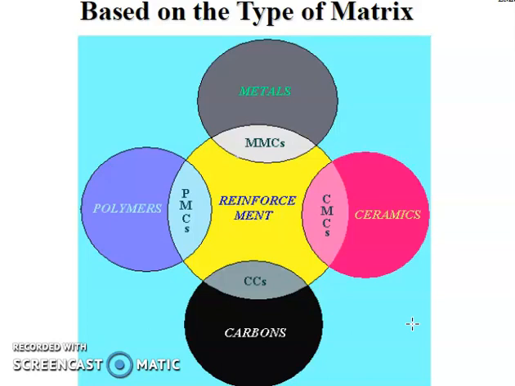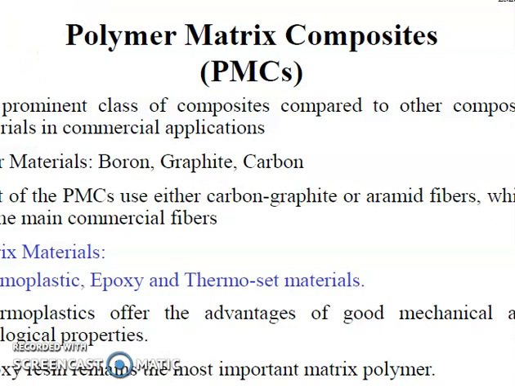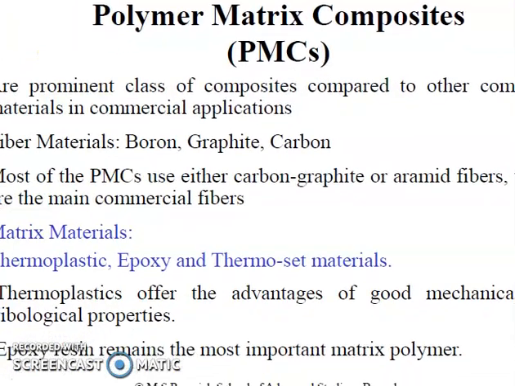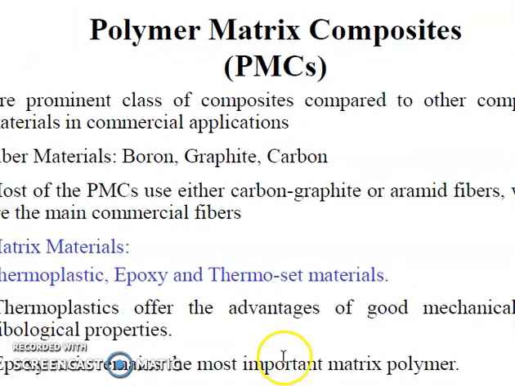So metal matrix composites, ceramic matrix composites, carbon composites and polymer matrix composites. These are the four types of composite material based on classification on matrix basis.